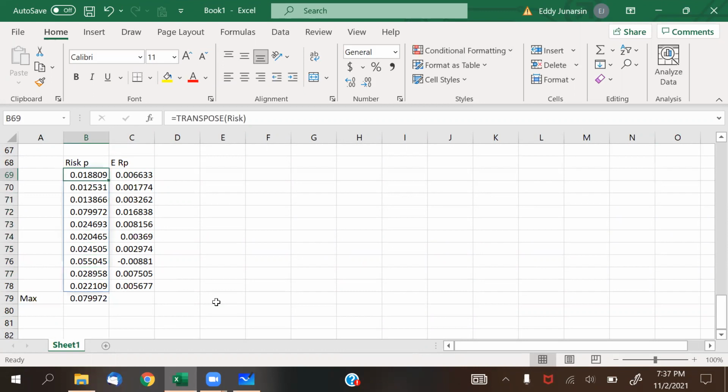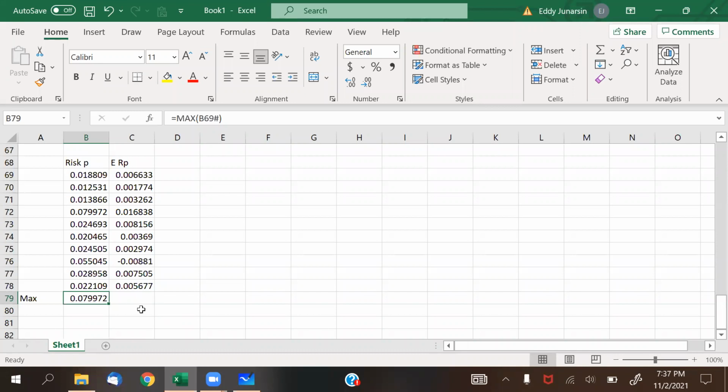Among the 10 stocks, the individual assets, which one has the highest risk? 0.7, meaning this one, right? Stock number 4, I guess. So this maximum value would be the risk of one of the individual assets, because again, the least efficient assets would be individual assets because they are not combined into a portfolio, right?